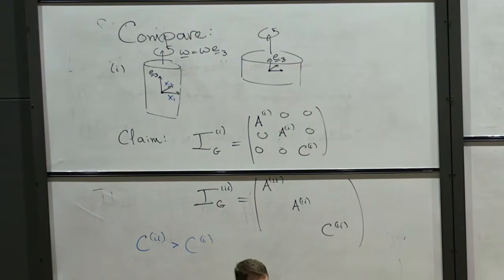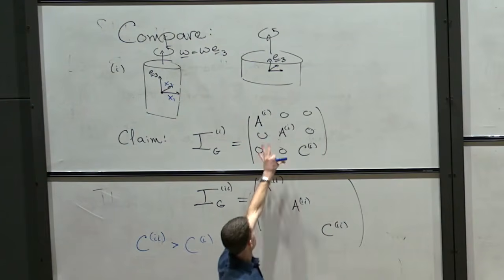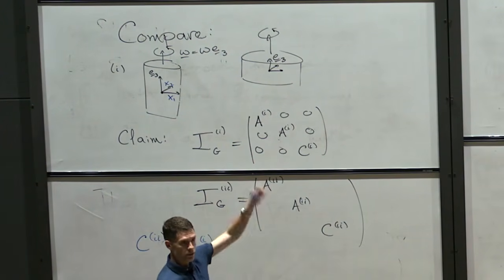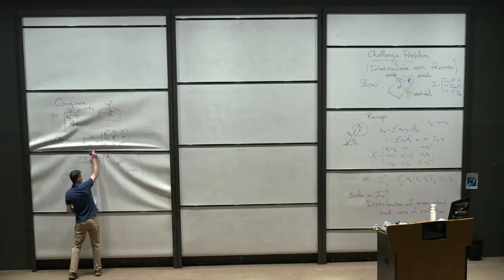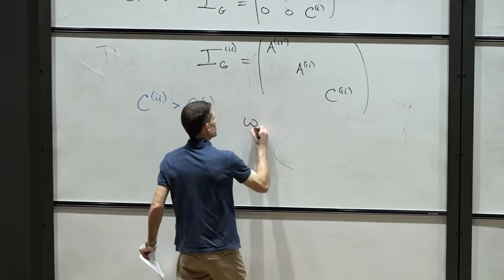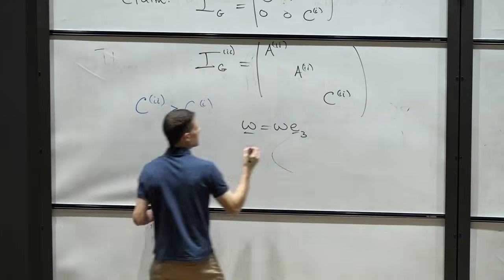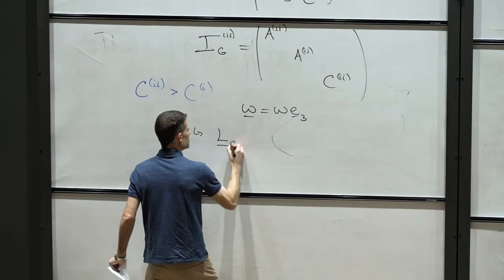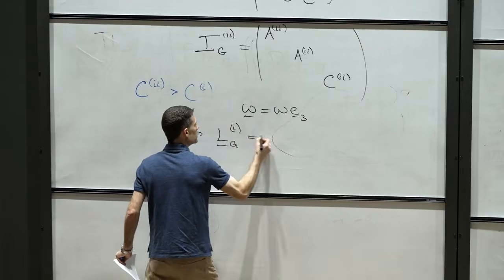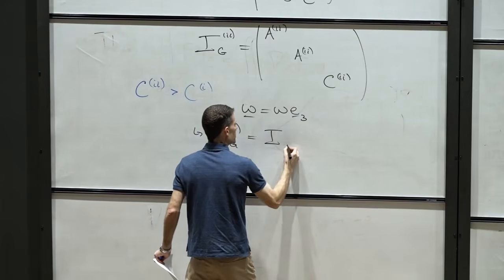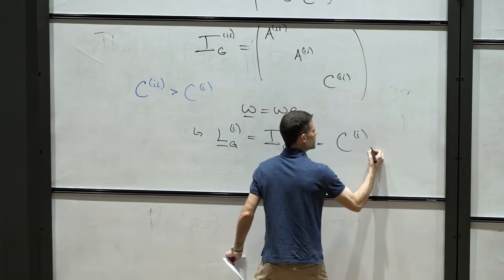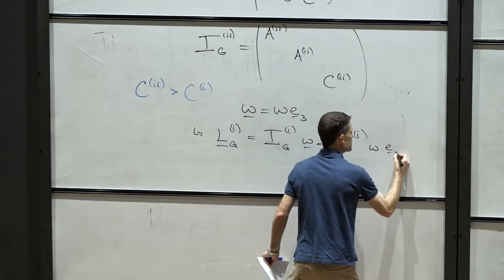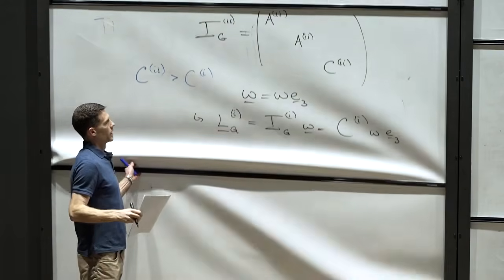Since omega is only having an E3 component, when I take this matrix times the vector 0, 0, omega, I just get C1 or C2. So LG1 is just going to give me C1 times scalar omega E3. And similarly for LG2.